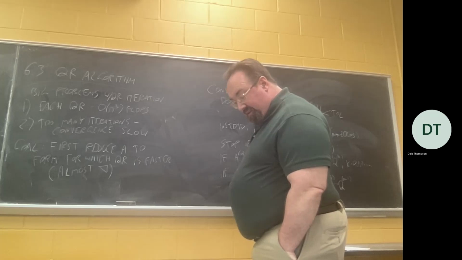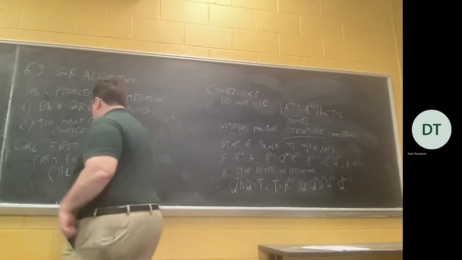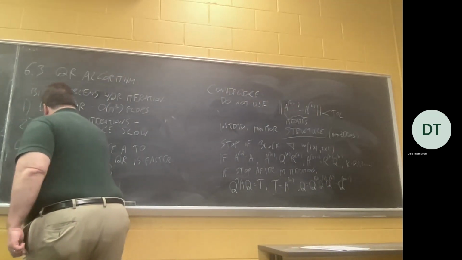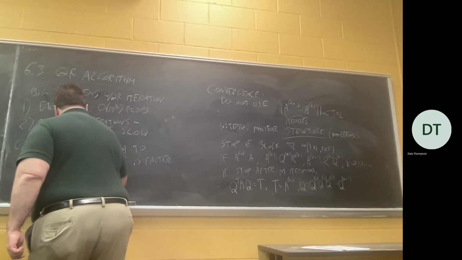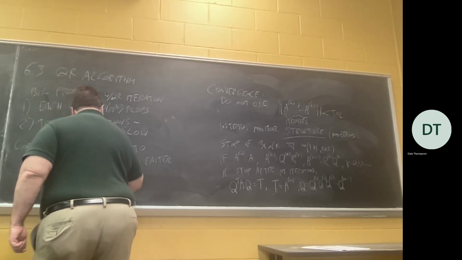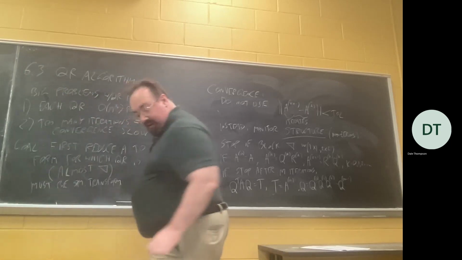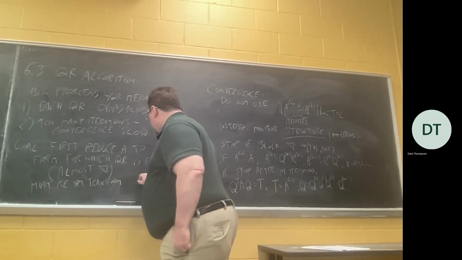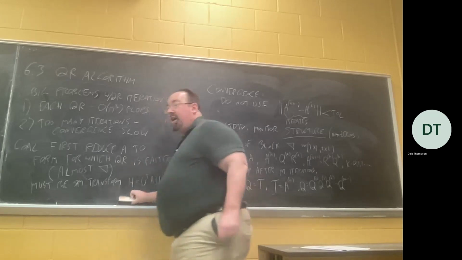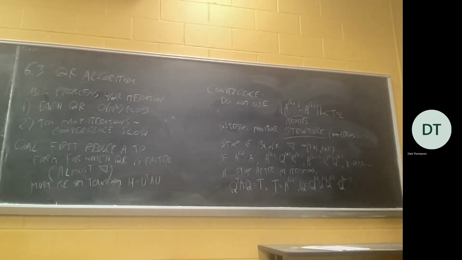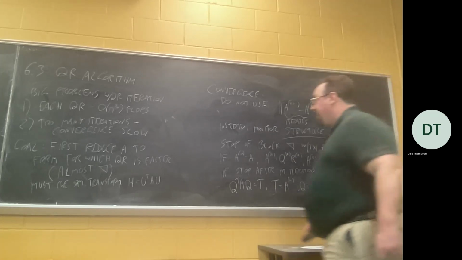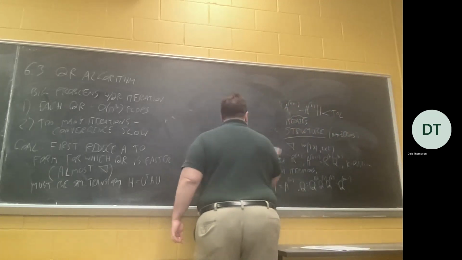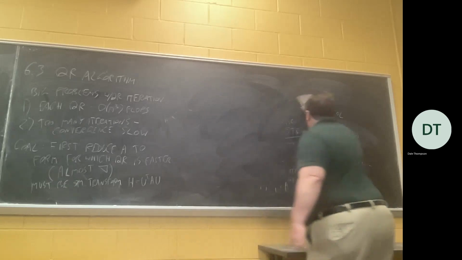So there must be a similarity transformation of the form U transpose AU, and we'll call the result H. And the idea is, H will have the same eigenvalues as A. So then we can do all that QR iteration stuff on H. But we don't know yet what kind of matrix H should be.